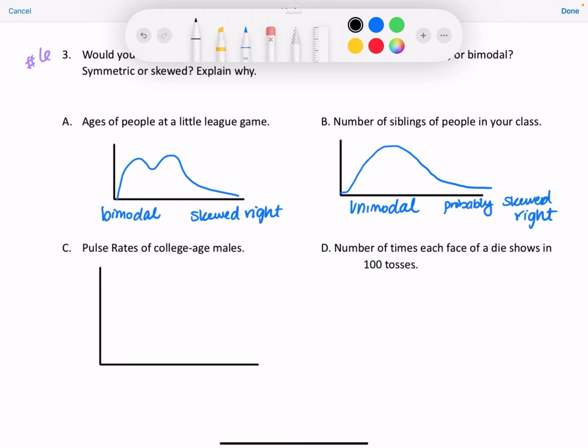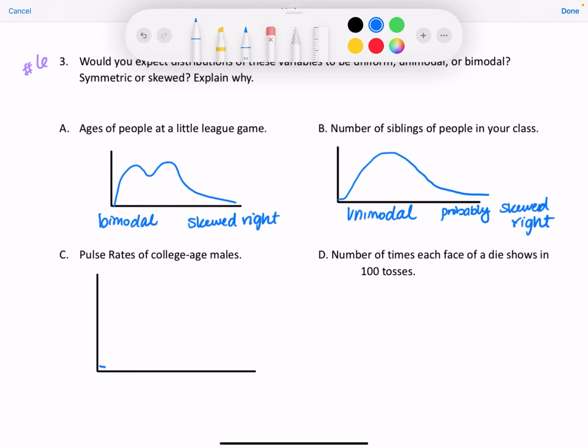There are times that you're sleeping, there are times that you're out running or walking the halls of campus, so we're looking at the overall average. I would say this is going to be pretty symmetric, because you're going to have some that are really, really fit, some that are not, but everyone is in that middle-ish range.